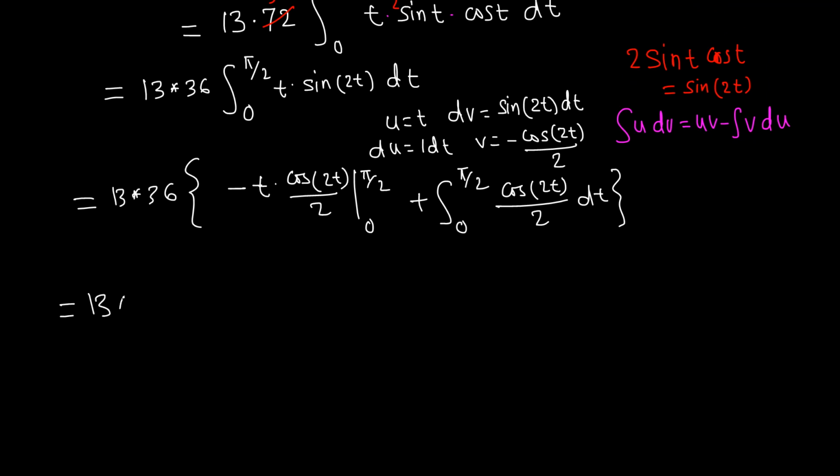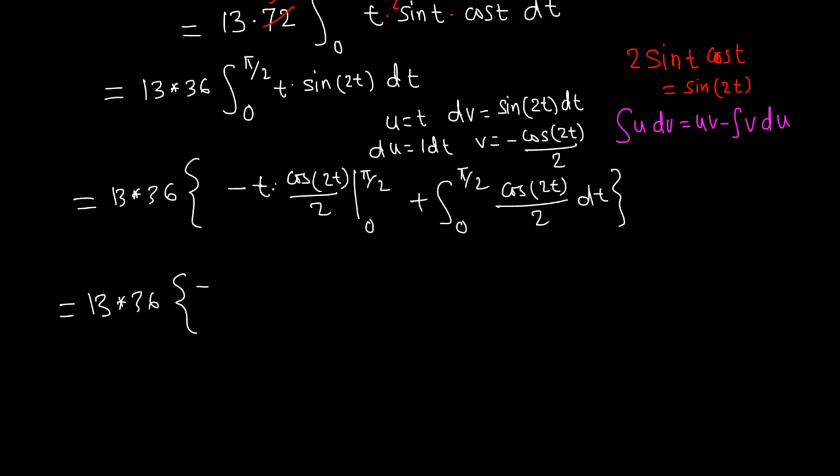So 13 times 36. Here let's evaluate this function at the upper limit minus the lower limit. The lower limit is 0 and here is t, so t equals 0 makes everything 0, so there is nothing to do with the lower limit. How about the upper limit?